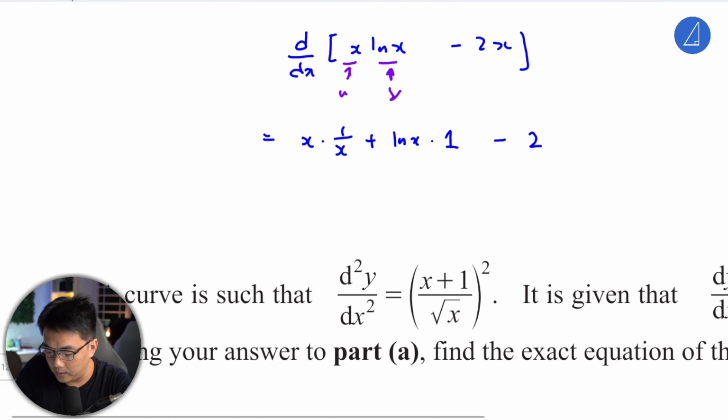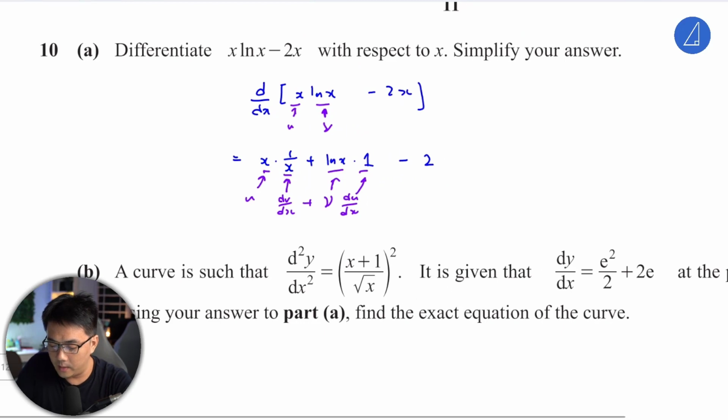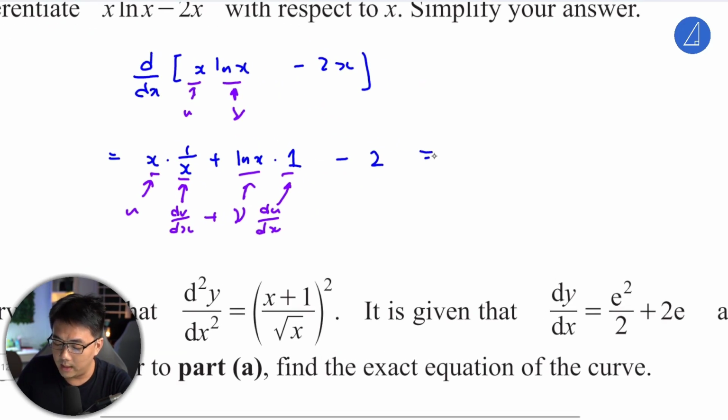So in this case, what I'm getting is u dv/dx plus v du/dx. Okay, so once done, what we get is 1 plus ln x minus 2. So simplifying our answer will be ln x minus 1.